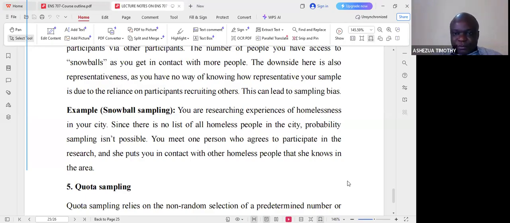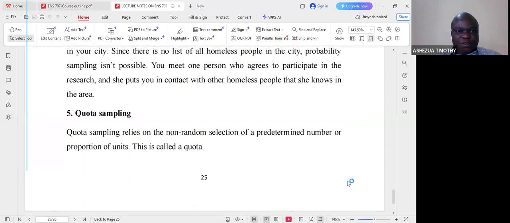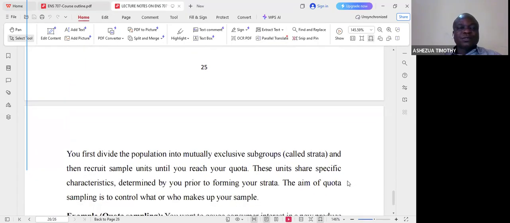Now, quota sampling. Quota sampling relies on the non-random selection of a predetermined number of units. This is called a quota.